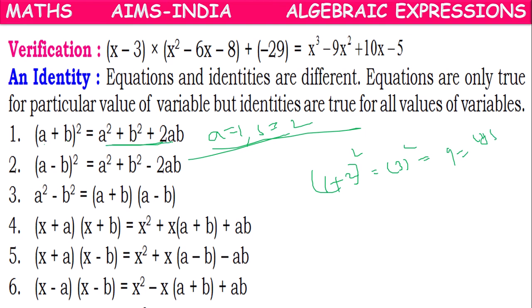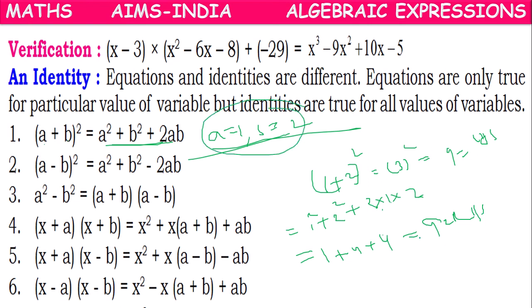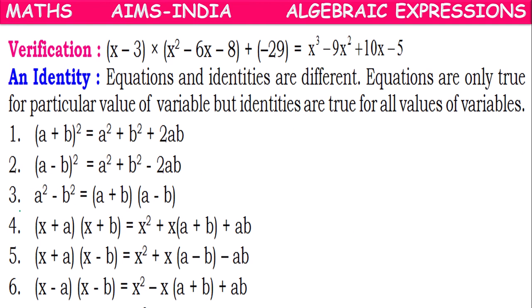What about RHS? a square, 1 square, b square, 2 square, 2ab, 2 into 1 into 2. 1 square is 1, 2 square is 4, 2 times 2 is 4. 1 plus 4 plus 4 equal to 9. LHS equal to RHS. So for values 1, 2 it is true.